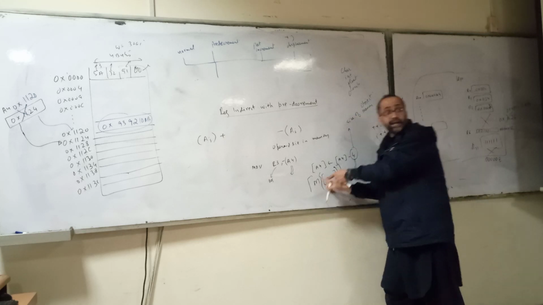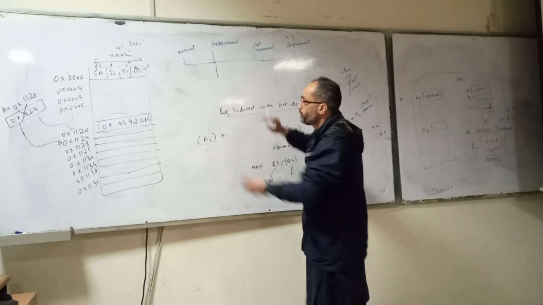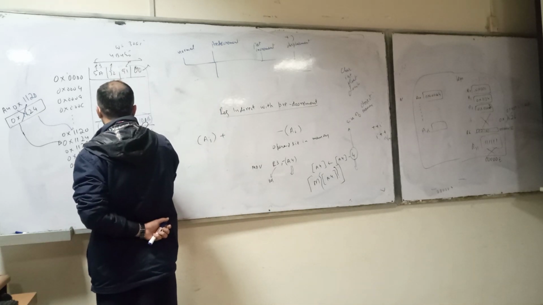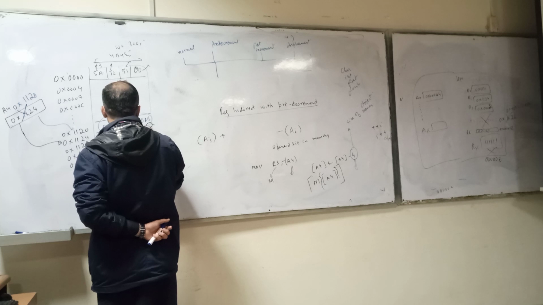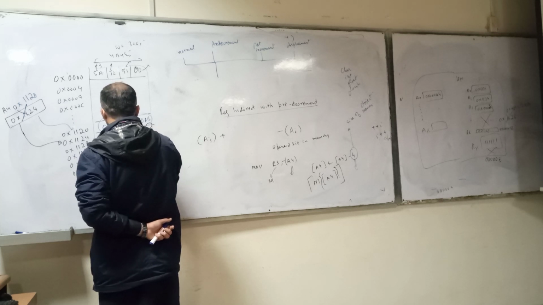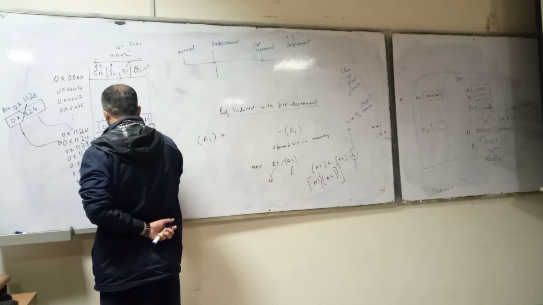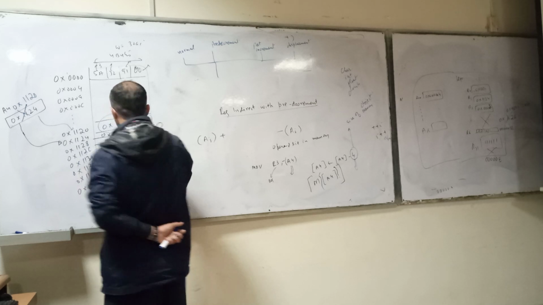M is actually the content. Okay, now if you look at this memory, the contents are 0x239412, 0x2341, 0xABC1, 0x0026.